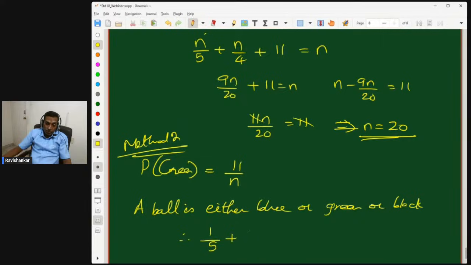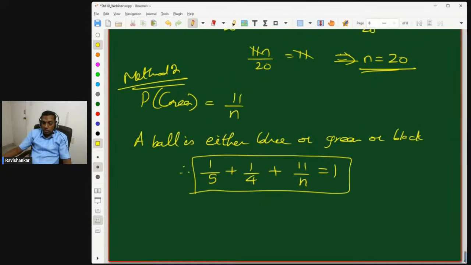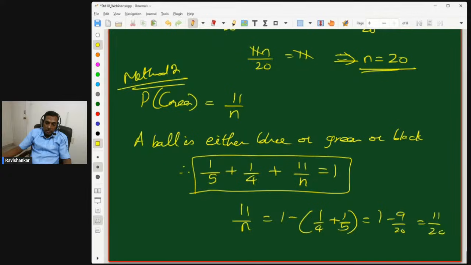Therefore, 1 by 5 plus 1 by 4 plus 11 by n is equal to 1. So this is one way to do. So this way, 11 by n is 1 minus (1 by 4 plus 1 by 5), which is 11 by 20.